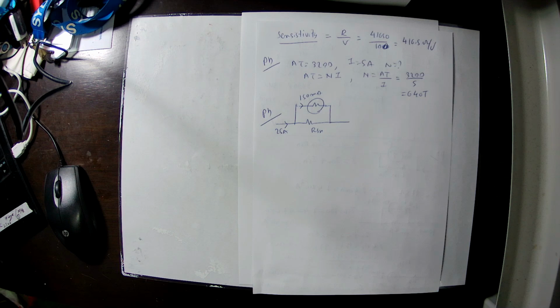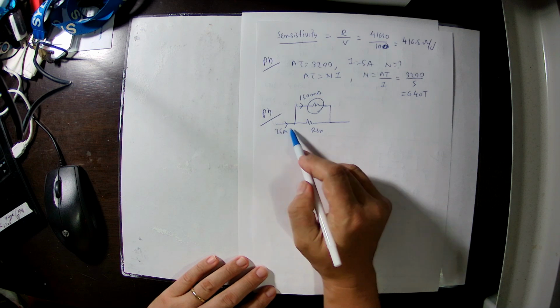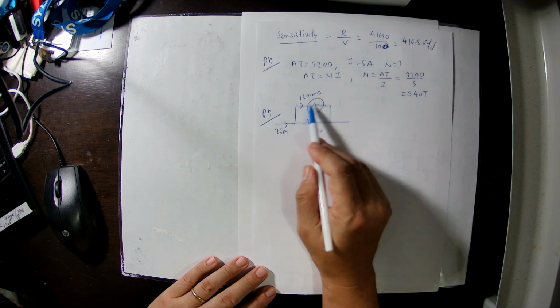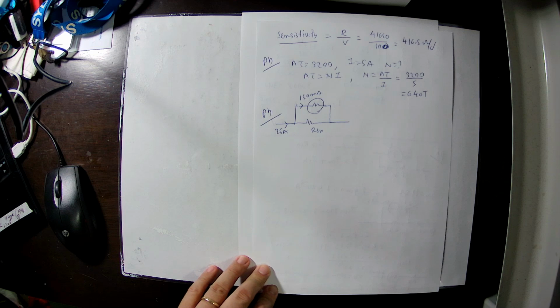So now here you can see, what is the meter resistance, we need to calculate. So that when 25 ampere flows here, meter current is 150 milliampere.